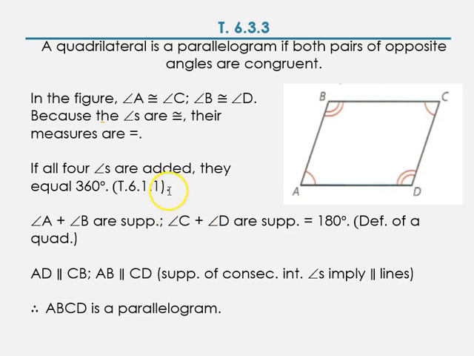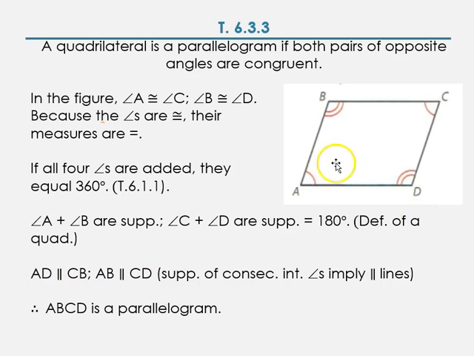That comes from theorem 6.1.1. We now know from other theorems that we've learned in this chapter that angle A plus angle B are supplementary, and angle C plus angle D are supplementary. Both pairs of those angles individually equal 180 degrees.